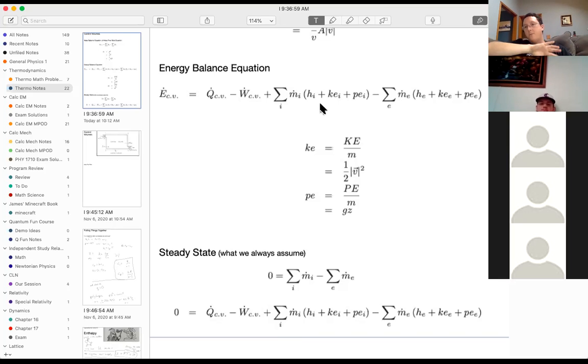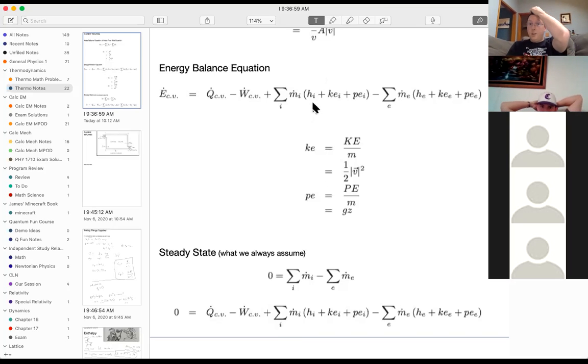Since things are flowing through these systems, you're having to make room. If you push mass into the system, then the energy that's relevant isn't just the energy of that volume of fluid, it's the energy of that volume of fluid plus the extra bit of energy needed to push it in. So for control volumes, we will have enthalpy all the time, or frequently. I don't want to make a hard statement, but basically, yeah.